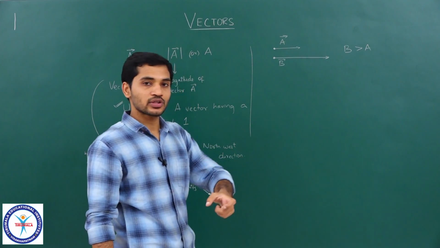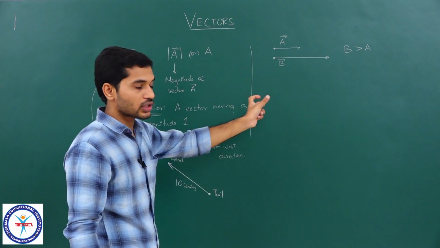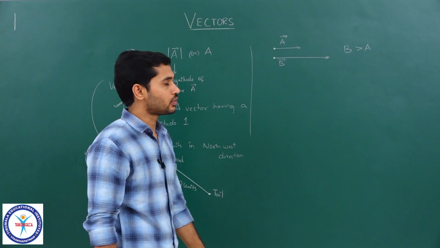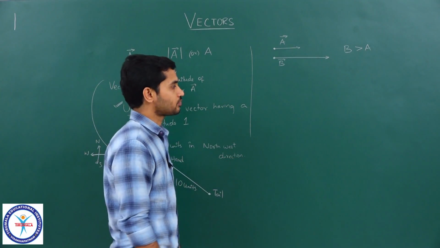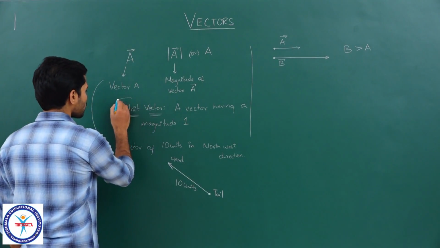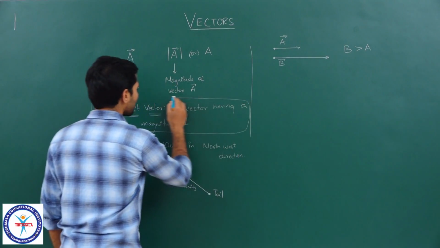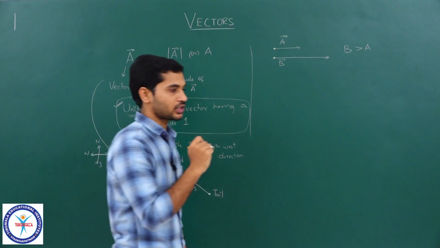So by looking at the length of the line we draw, we understand its magnitude, and by looking at the arrow mark, we understand its direction. Now let's come back to the concept of unit vector and how it helps us in understanding direction.